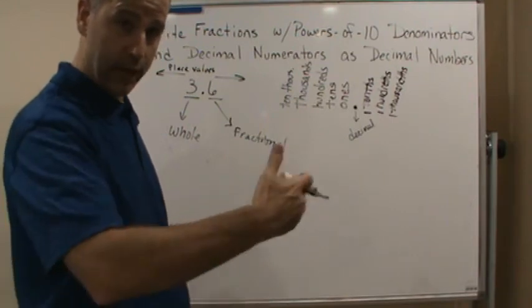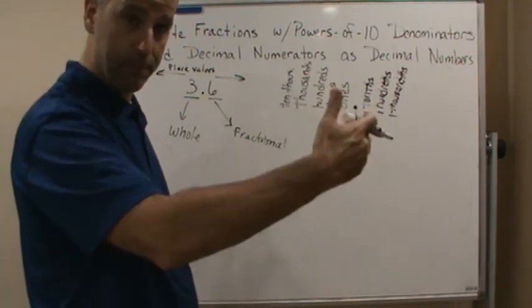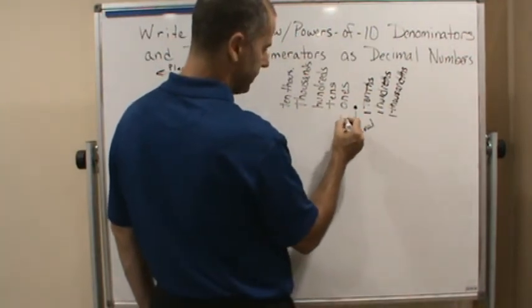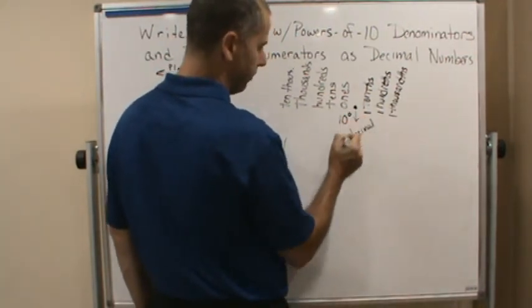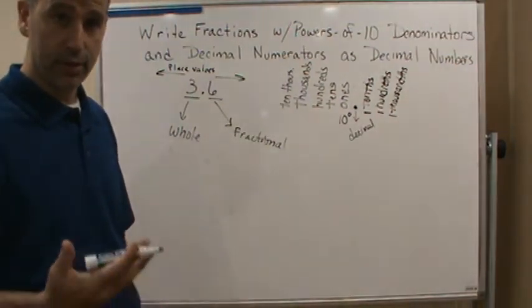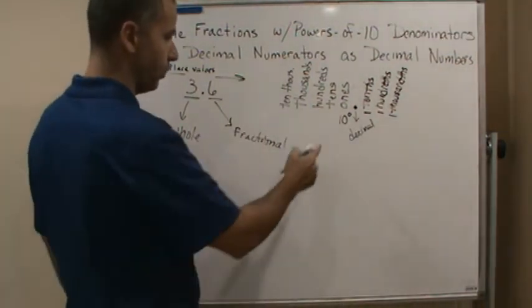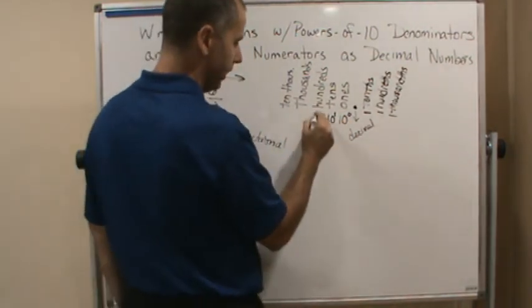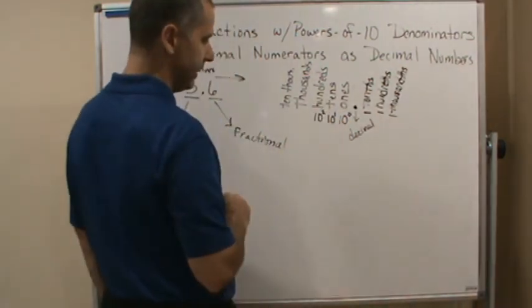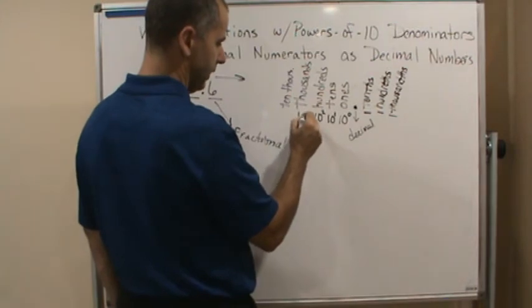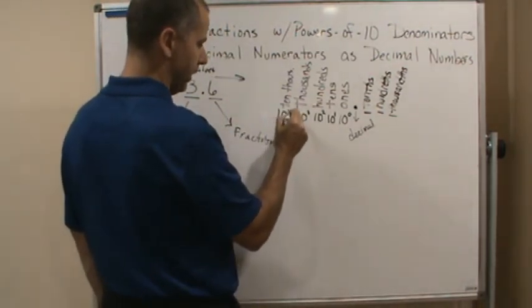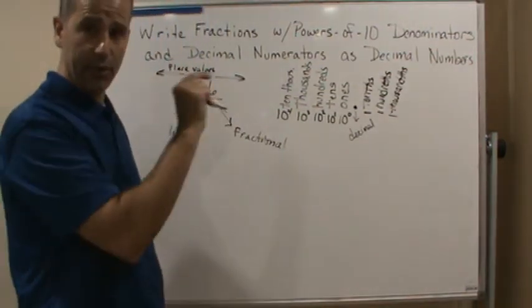So all the place values are determined by certain powers of 10. For example, the ones place is 10 to the 0, because any number raised to the 0 power is 1. This is the tens place, 10 to the 1. 10 to the second is the hundreds place. 10 to the third power is the thousands place. And so on.